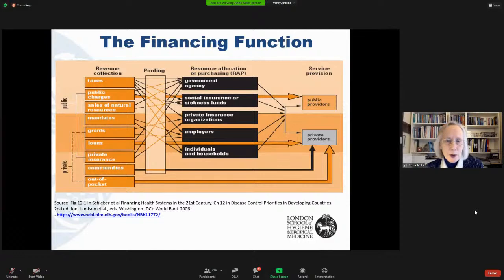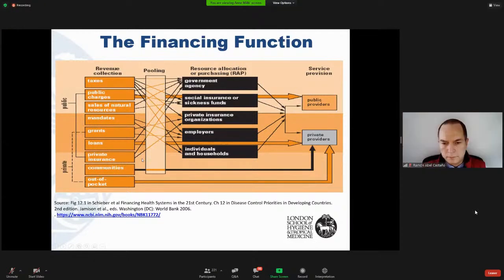They may be private insurance organizations, employers indeed, and then the individual households, which make their own decisions on what services to purchase, where they use their own funding. But this source of funding from out-of-pocket payments going direct to providers is, of course, not pooled. It bypasses the pooling process.